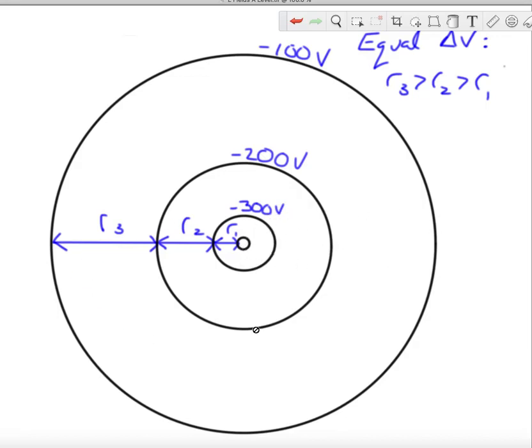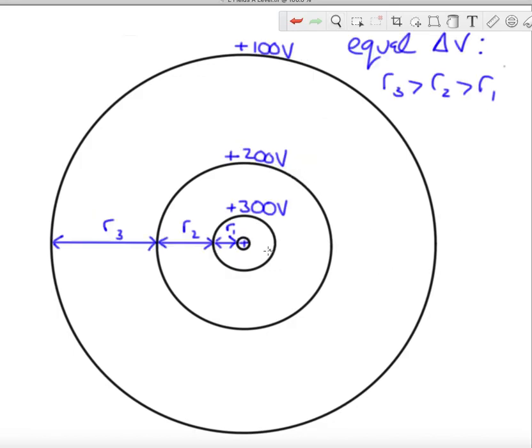So there you have how we define potential, very similar to how we did in gravitational fields. The equipotentials around positive and negative charges are very similar, but obviously you're always heading towards zero as you go out. So you're getting progressively less negative here, whereas in the previous one, you're getting progressively smaller magnitude.